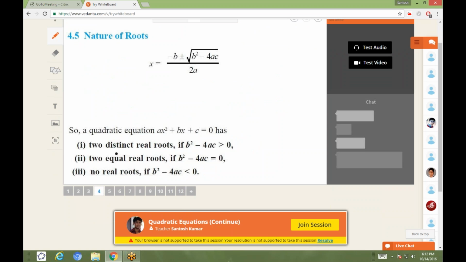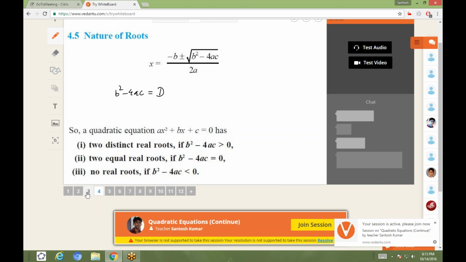Next we will be discussing the nature of roots. So as we have x equal to minus b plus minus square root of b square minus 4ac divided by 2a, this b square minus 4ac we call the discriminant, and we denote it using the capital D. Based on this value we get the nature of roots.